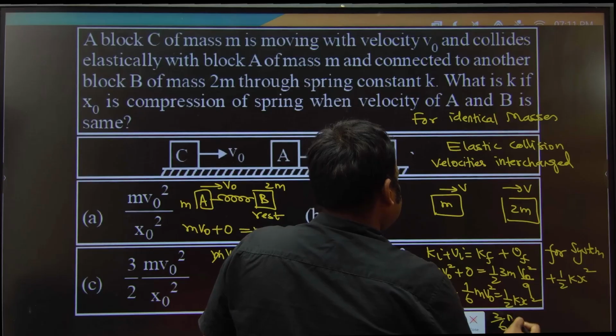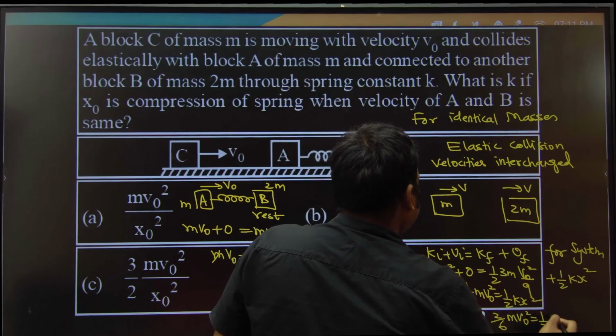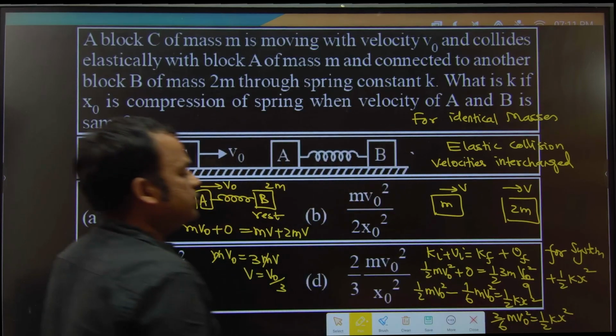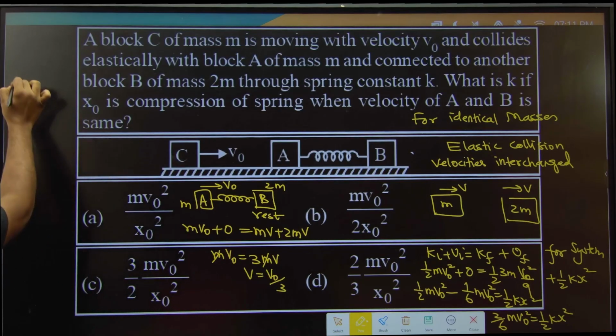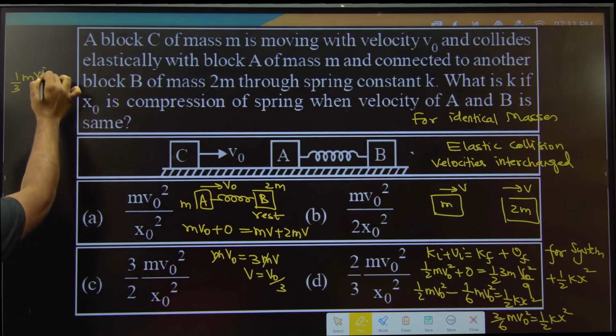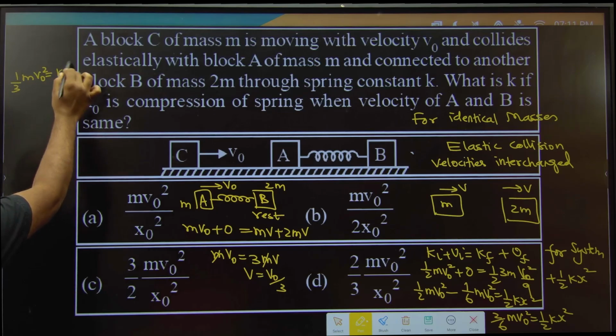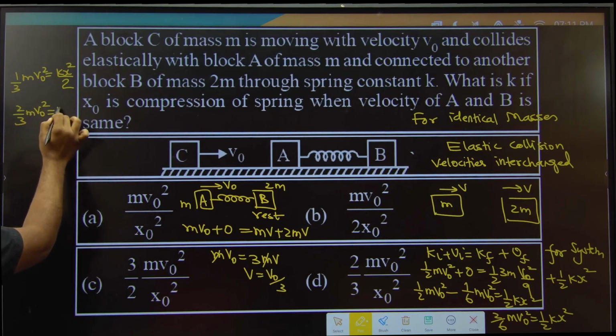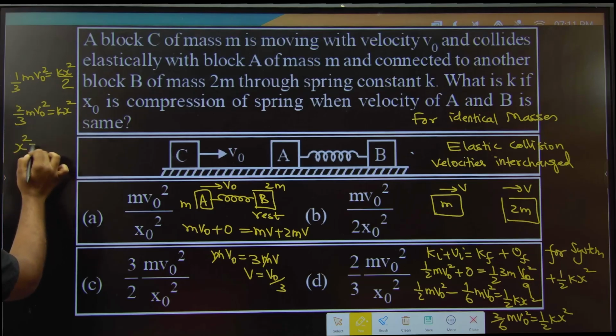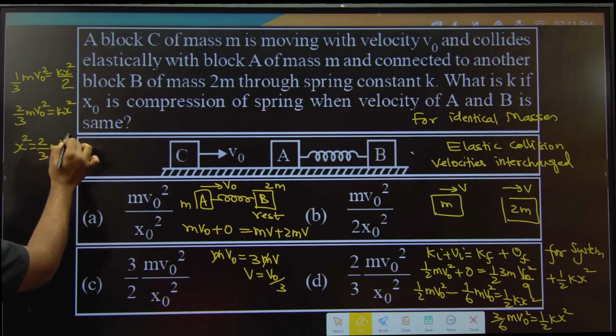So 2 by 6 m v0² is equal to half k x². Then 1 by 3 m v0² is equal to k x² by 2. So 2 by 3 m v0² is equal to k x², or x² is 2 by 3 m v0² by k.